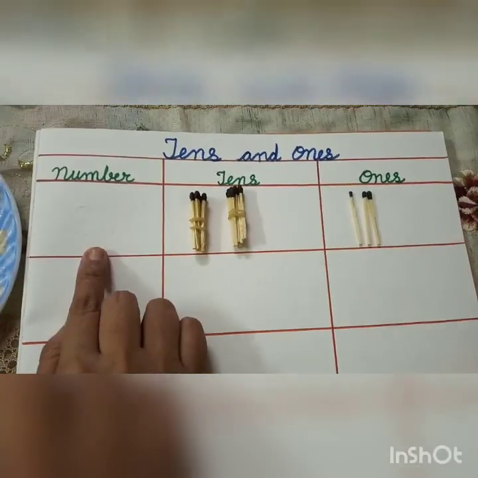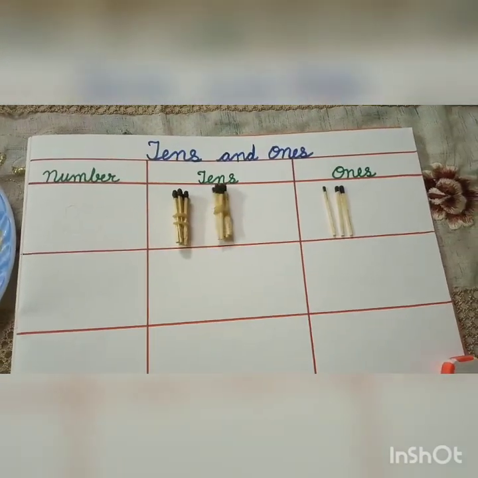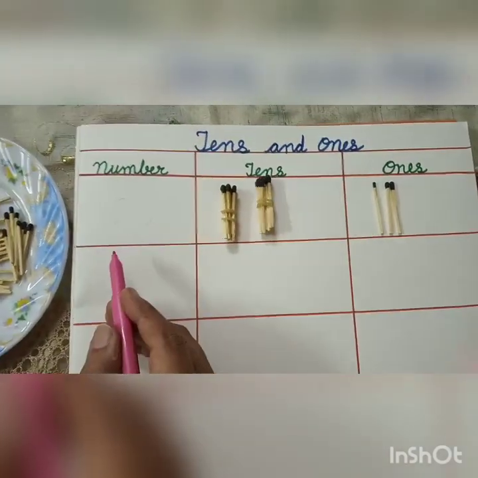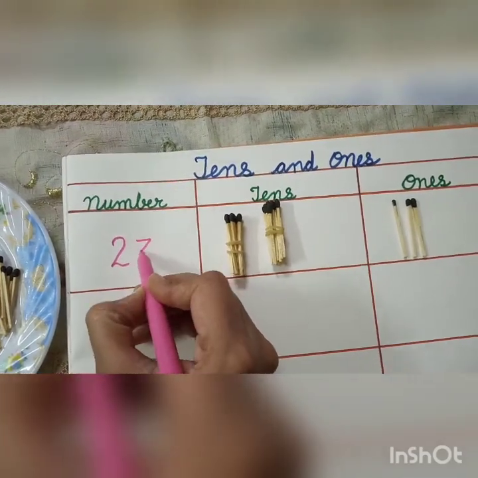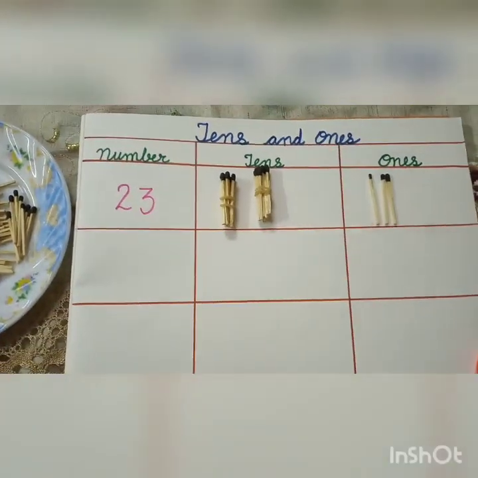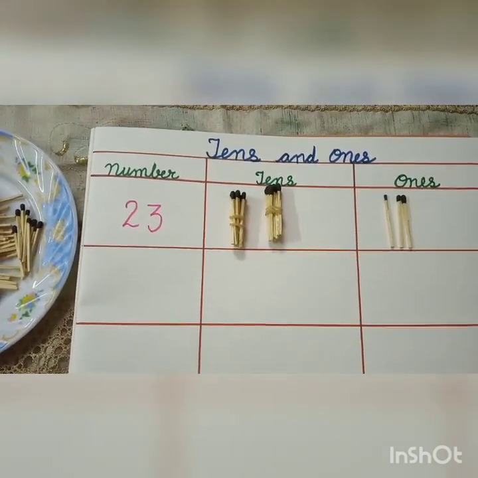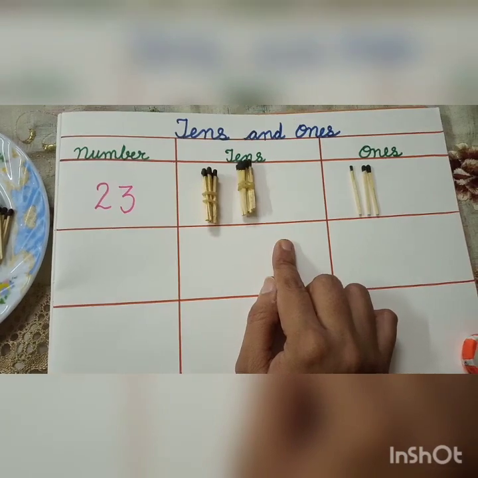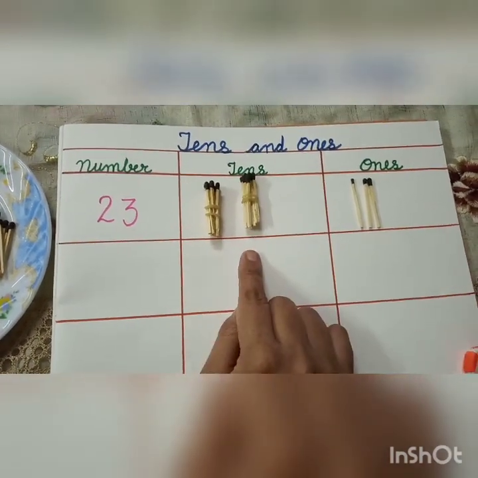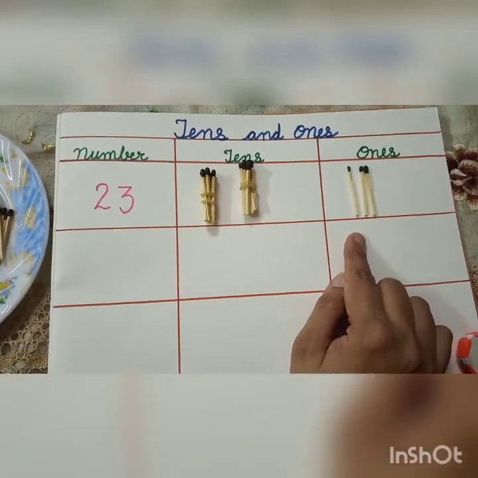So the number will be 23. Now here we will write the number 23. So it means when we present 23 in tens and ones form, it will be 2 tens and 3 ones.